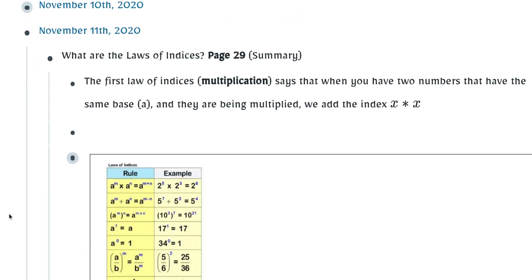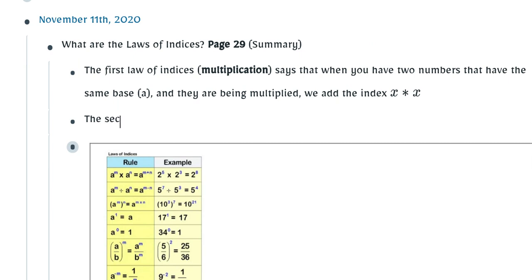Okay, so we're going to go to that PDF in a moment. Now the second law of indices, division, says that when you have two numbers, it's technically the same statement as above, but we're just going to change something in there.